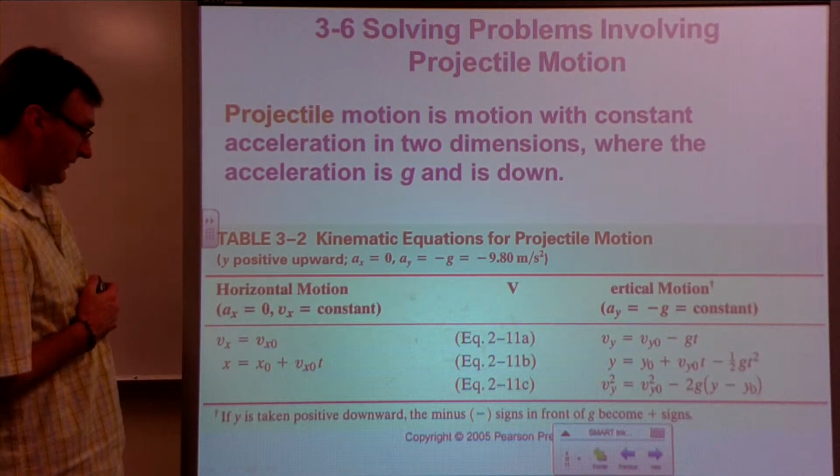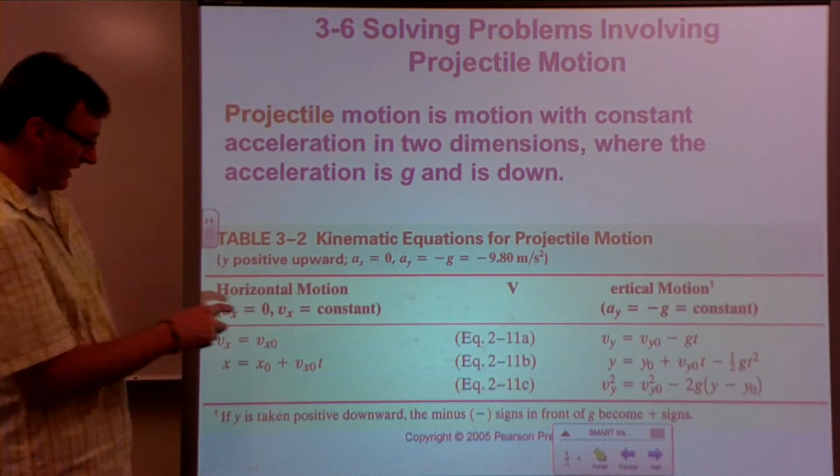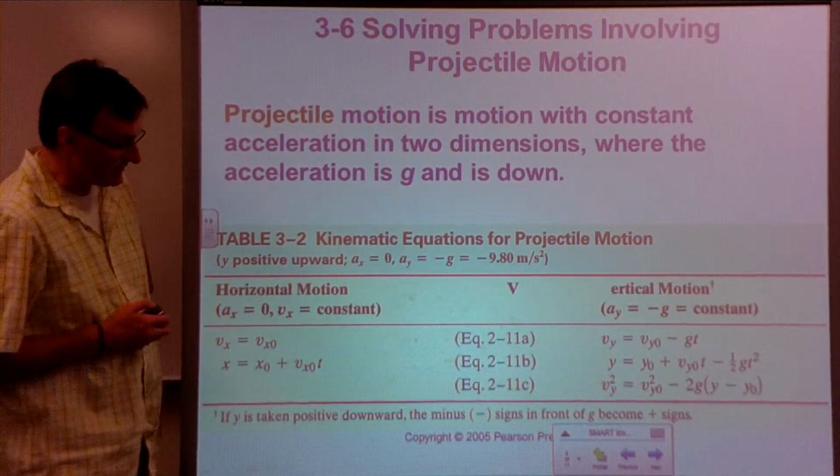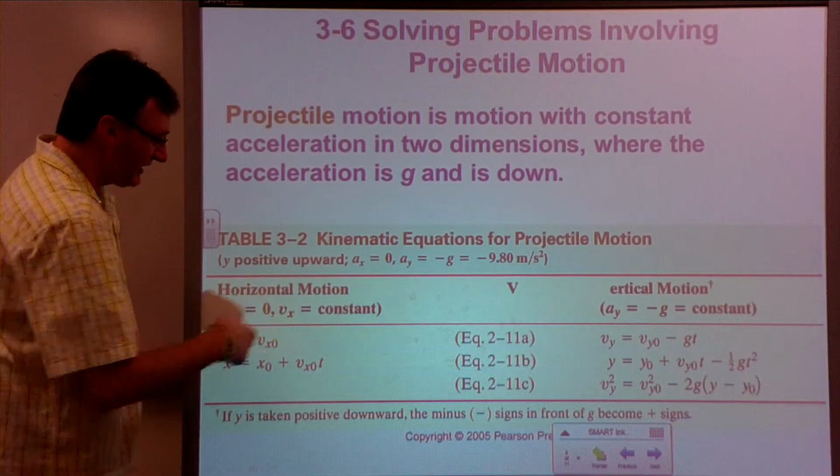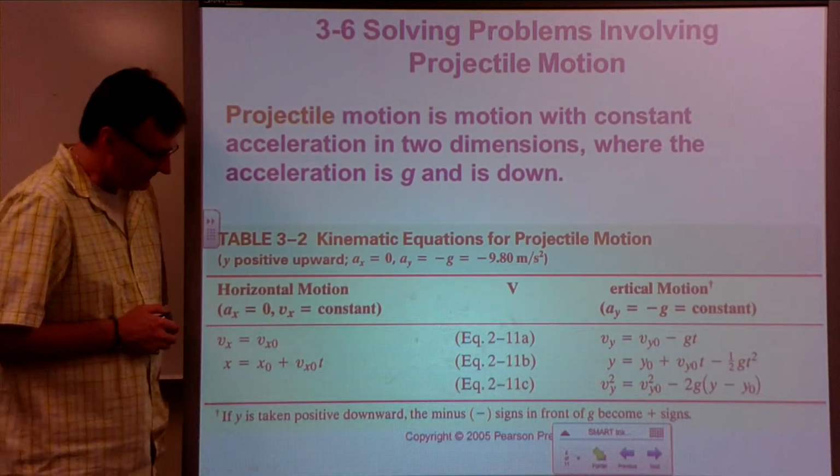And a couple of other things to note, the velocity in the x direction is constant, and they use a lot of other symbols in here, which you don't need to worry about too much.